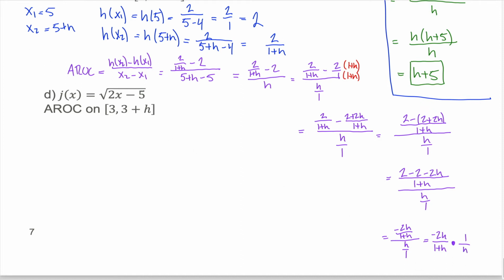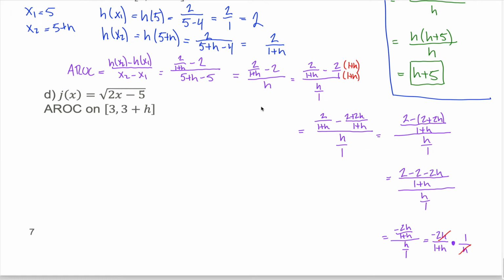If I haven't lost you in this algebra yet, you're home free. Because now a nice thing happens. We can cancel over multiplication. We could not cancel this h and this h because of this addition. But because of this multiplication, we can cancel this h and this h. Remember, this h right here came from this h right here, the one that I was trying to get rid of from the very start.